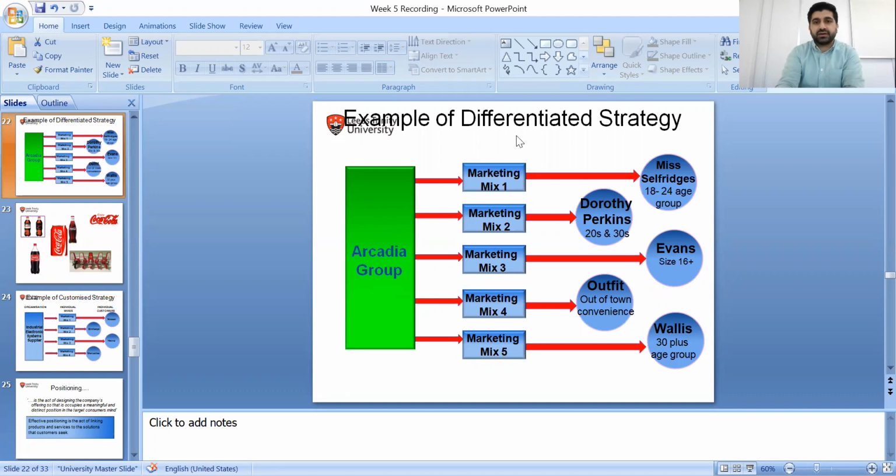They use one marketing mix strategy for specific groups, another marketing mix strategy for another group, and another for Avon's. This is an example of a differentiated strategy, showing how this company uses a different marketing mix for different specific segments.